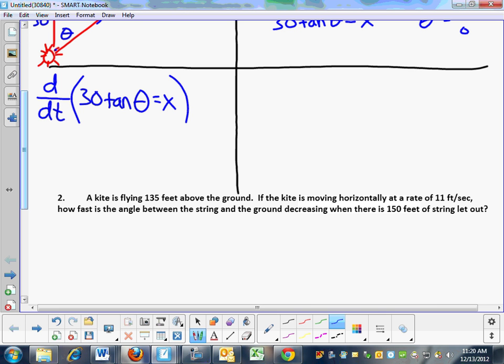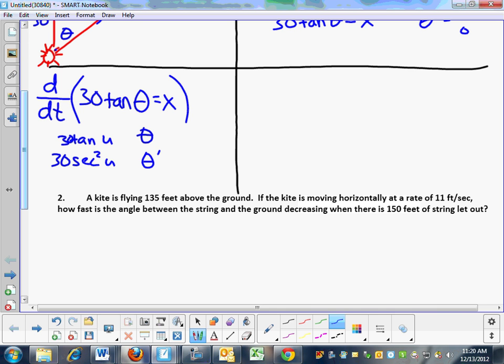What's the, for this part right here, what's the outside? 30 tangent of u. What's the inside? Theta. What's the derivative of 30 tangent of u? 30 secant squared of u. What's the derivative of theta?